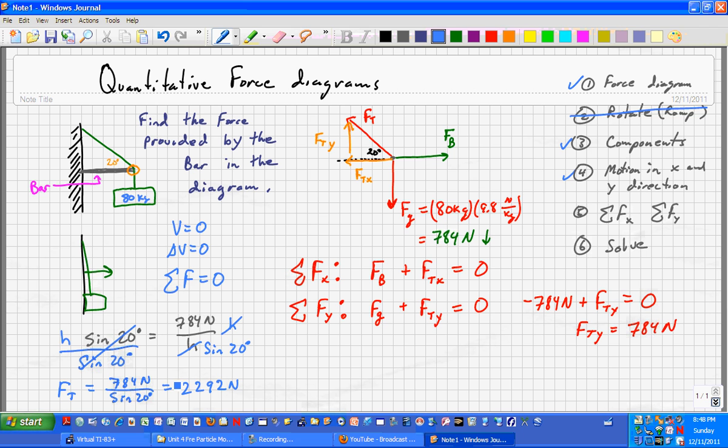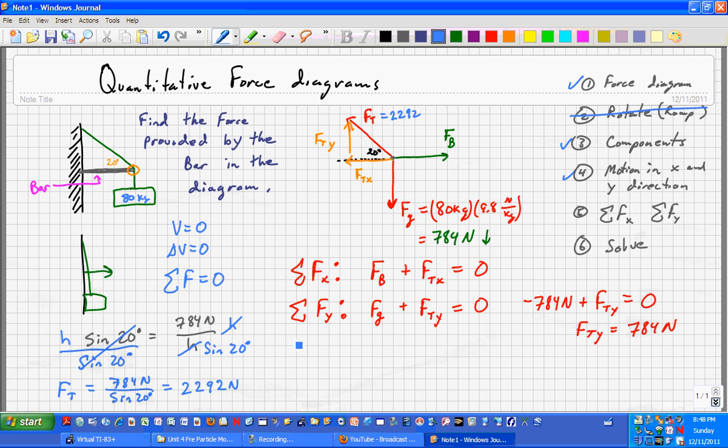Now that I know this is 2,292 newtons, I can use that to figure out F_t in the x direction over here, and then use that to get the force of the bar.